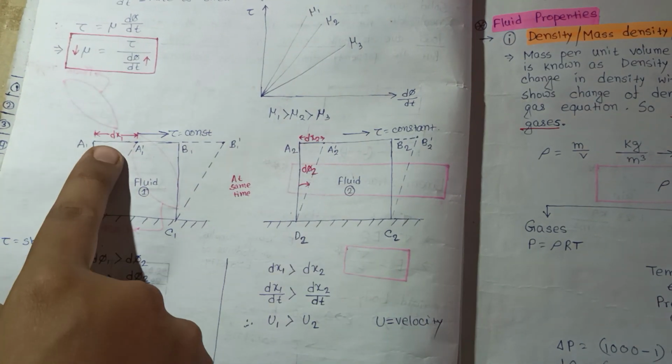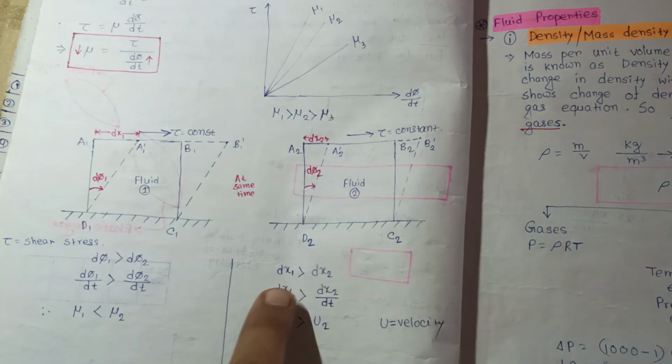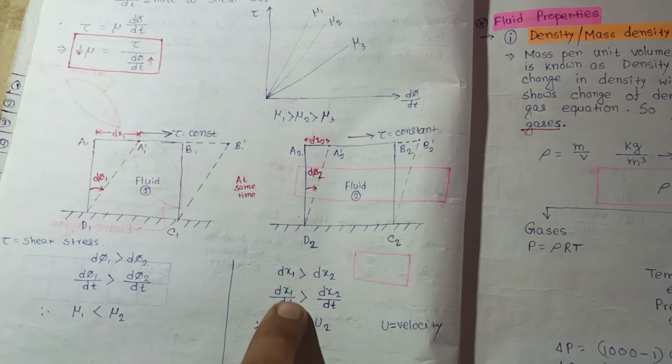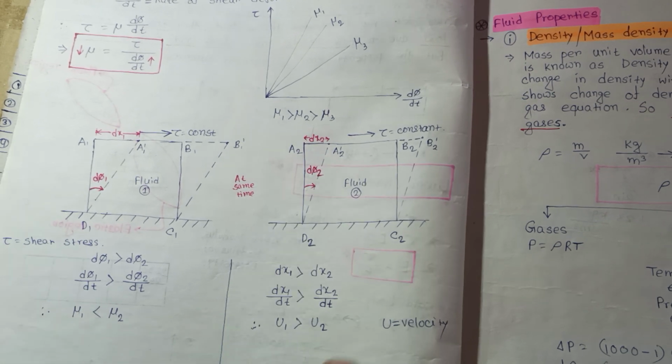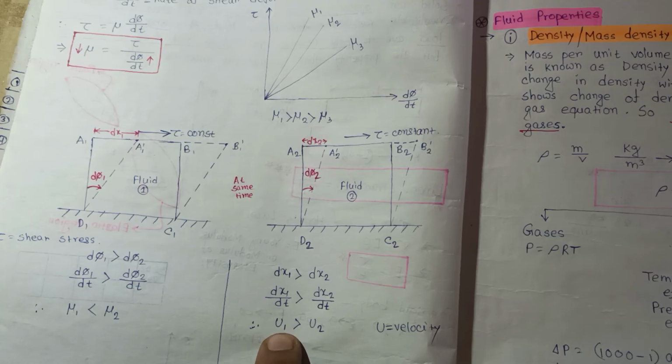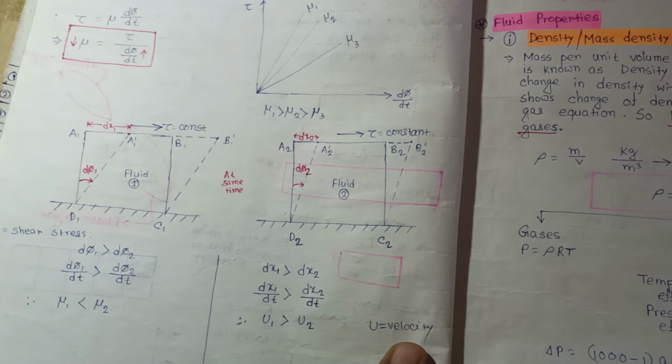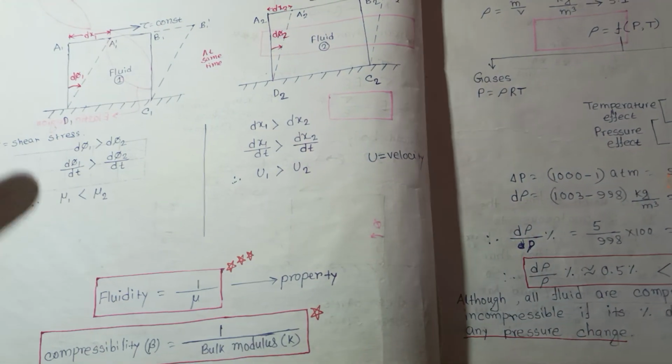You see that dx1 is greater than dx2, so dx1 by dt is greater than dx2 by dt. From here you can say that u1 is greater than u2, where u is the velocity.